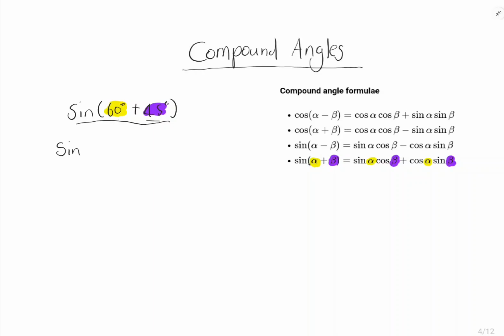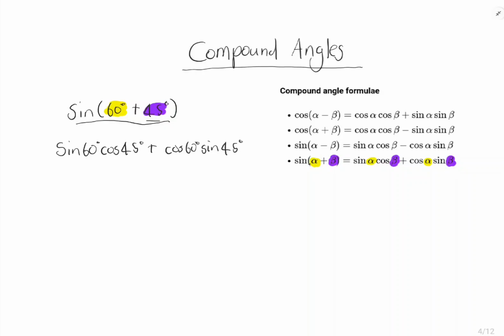It's the yellow. So sine yellow, for us, it's 60 degrees. Cos, this purple angle over here is our purple angle over there, cos 45 degrees, plus cos of 60 degrees, the angle is our 60, and sine 45 degrees.